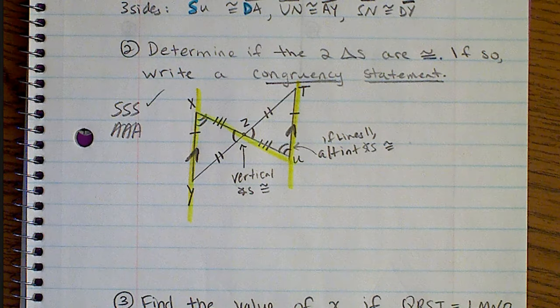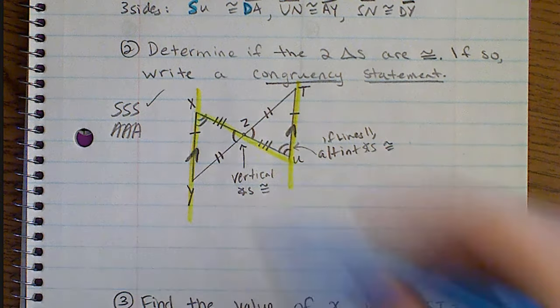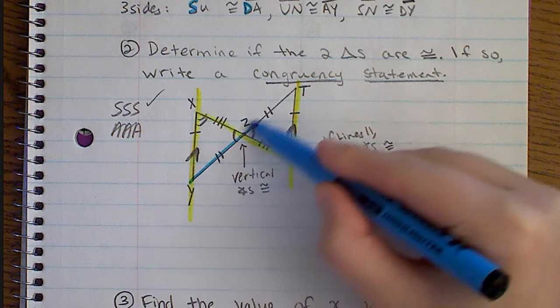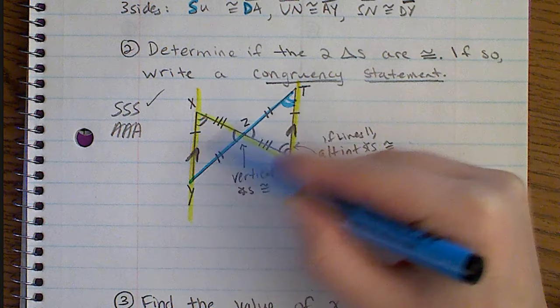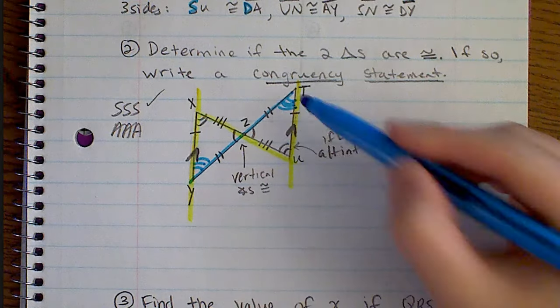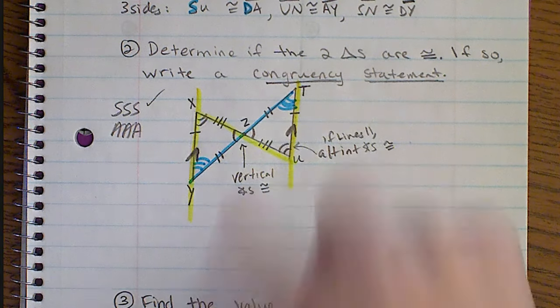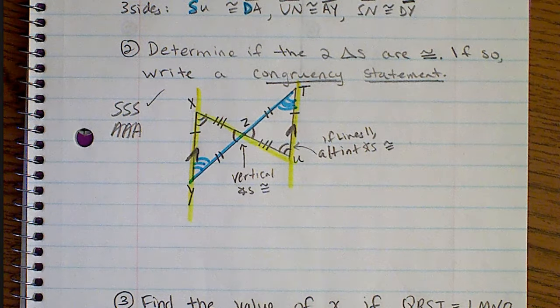I could do the same thing for these other angles, right? I could use alternate interior angles again. Or, because you already have two, you can use the third angle theorem. Okay, so that little brainstorming session is going to help you fill in the necessary information.